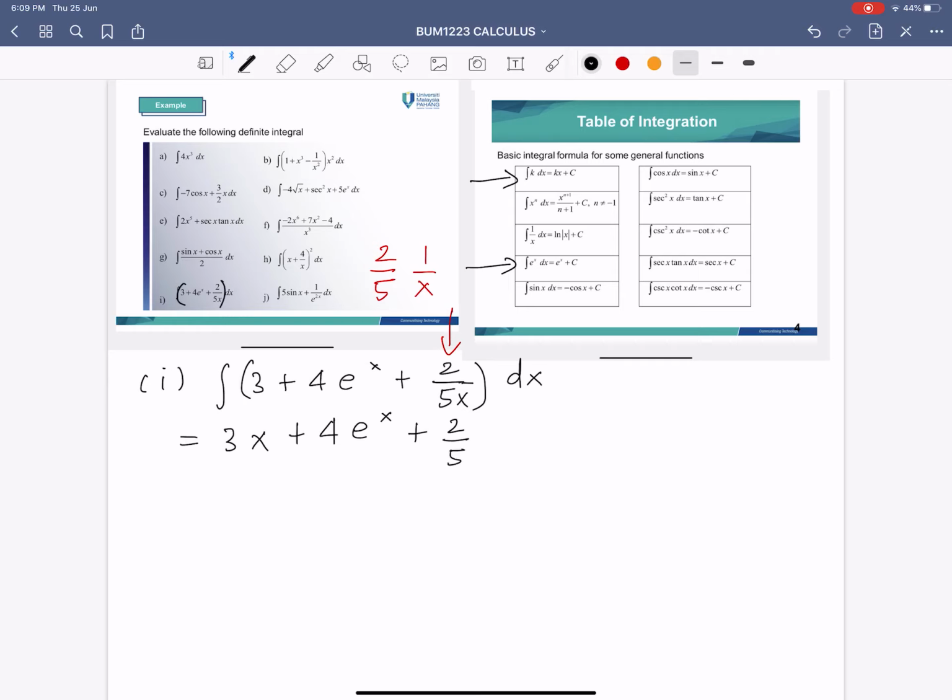And because 1 over x is in this form, the result will be plus 2 over 5 times ln modulus x plus c.